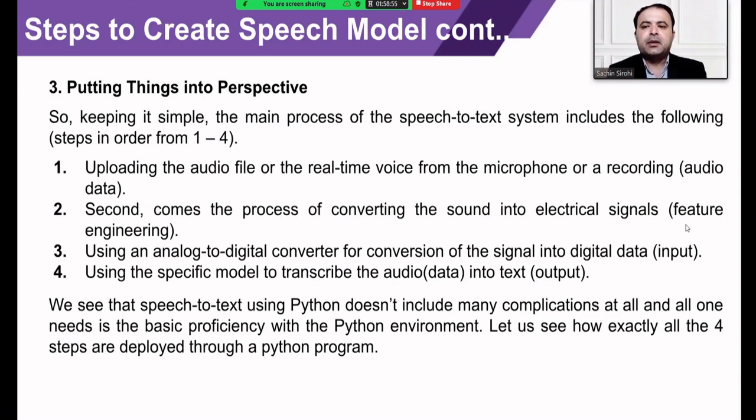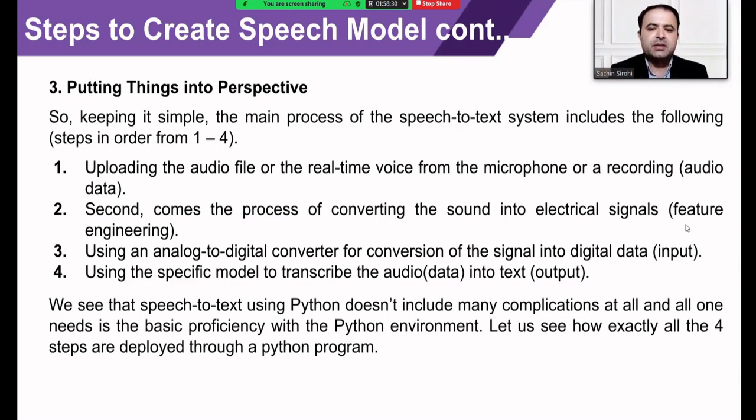Now, putting things into perspective. Keeping it simple, the main process of a speech to text system includes the following steps in order, from 1 to 4. First, uploading the audio file, the real-time voice from the microphone, or recording audio data.